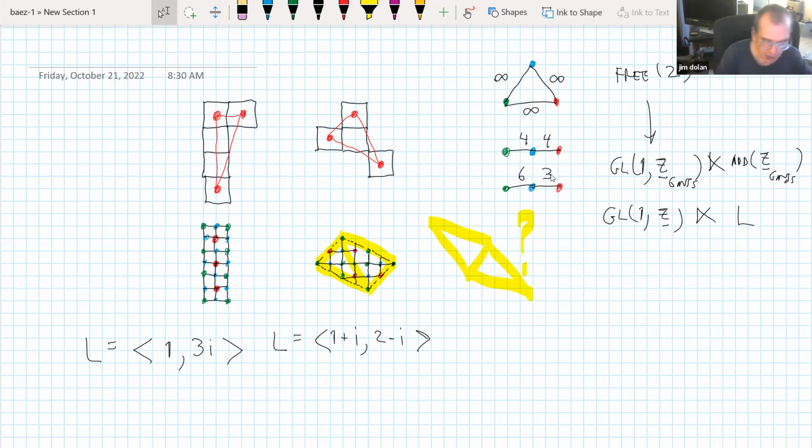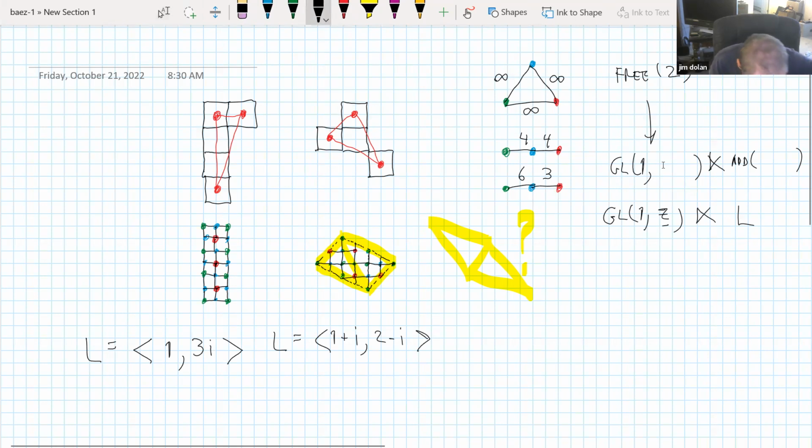Maybe I really should have just written it in this slightly more general way. So I'll just say K, where here K is the Gaussian integers, and here K is the Eisenstein integers.